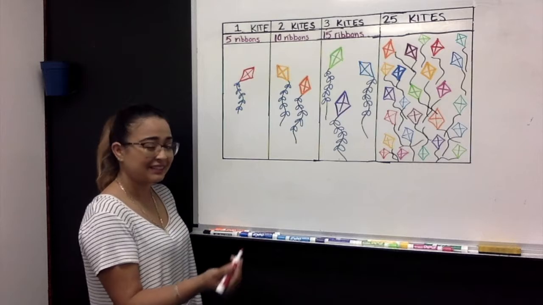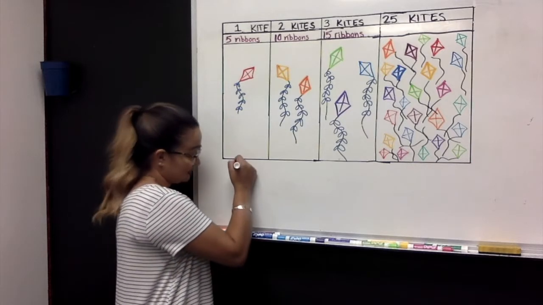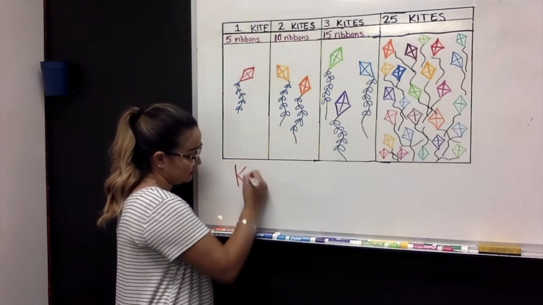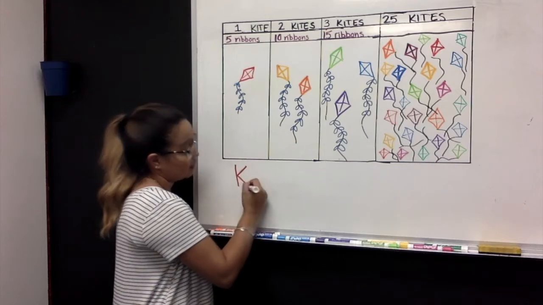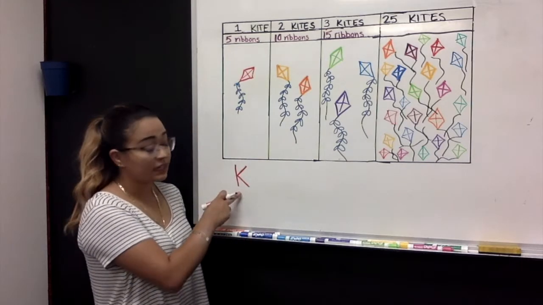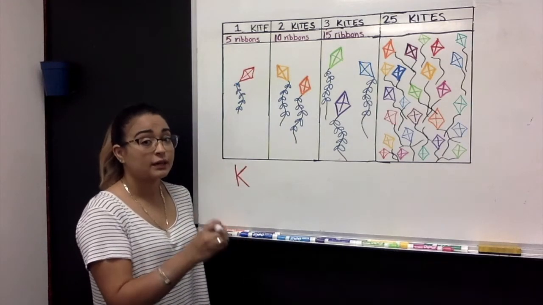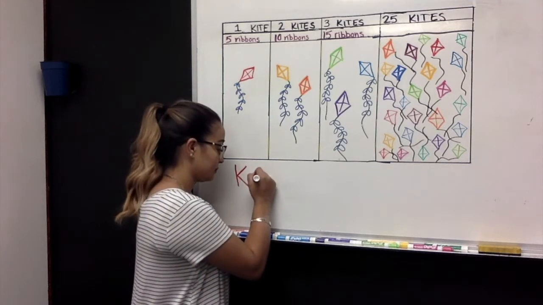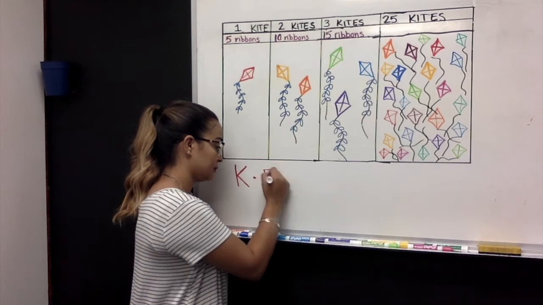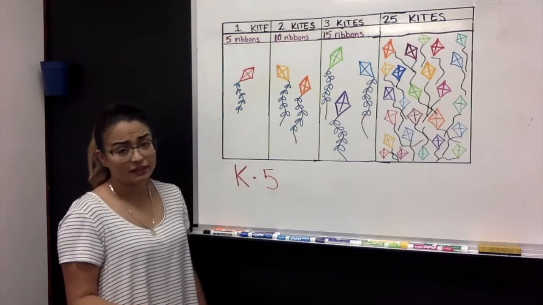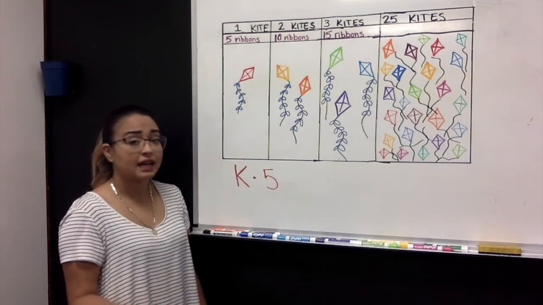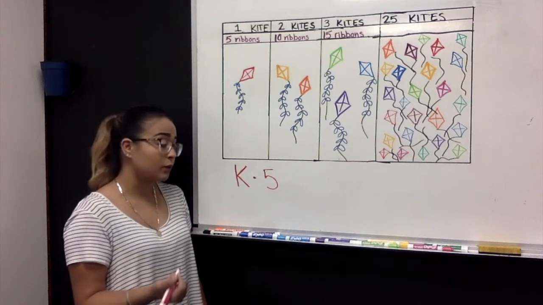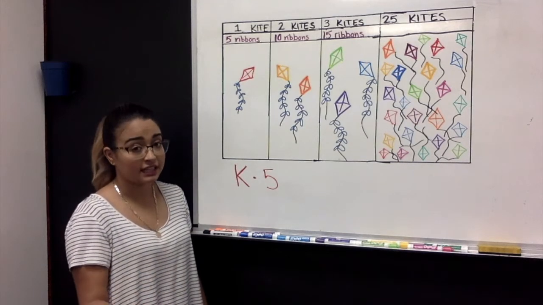Makes sense, right? So it's going to be K multiplied by 5. Why 5? Because that is the amount of ribbons that is on each kite.